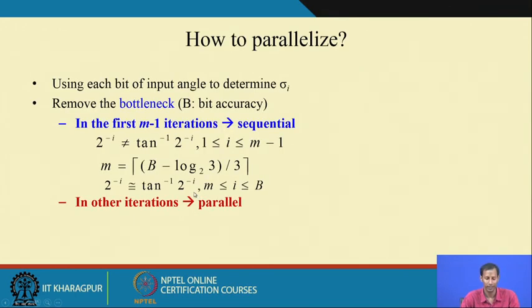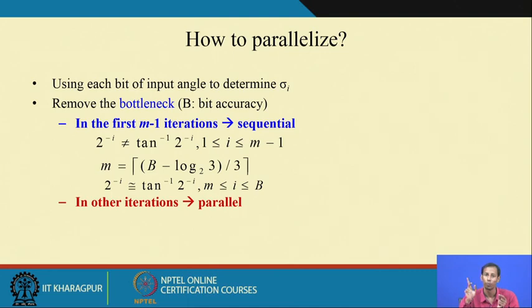What we are trying to do is take each bit of the input angle to determine this sigma i. Whatever input angle we give, we consider each bit position, and based on the bit values of this input angle we try to determine sigma i, because the elementary angles are pre-computed.